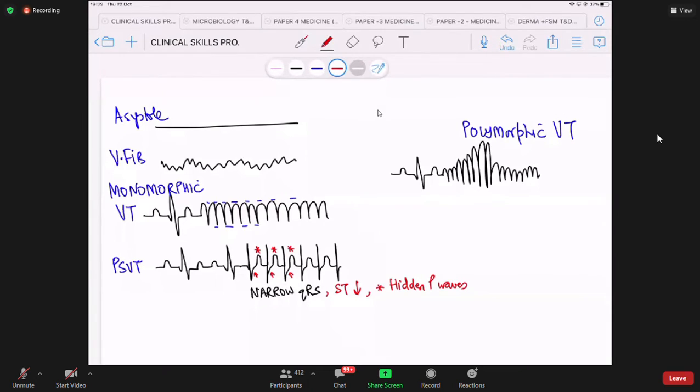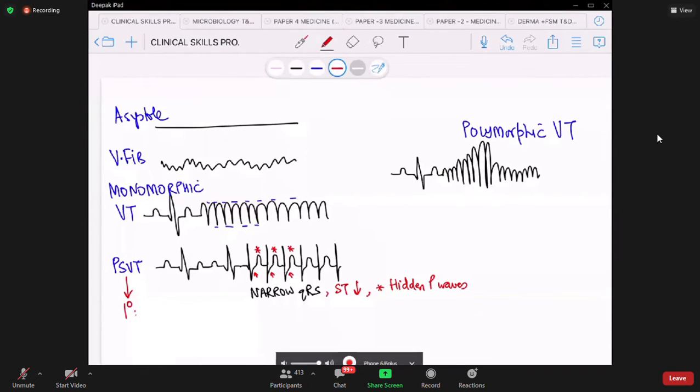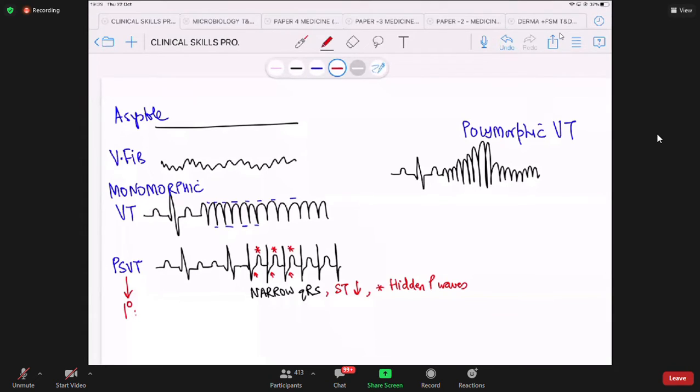Now, can you tell me the best drug for preventing PSVT? Yes, guys, I'm just switching to the chat. Yes, polymorphic VT, guys. Delta is WPW, we're not talking about that. What do we give for prevention? Adenosine for prevention. Come on, guys. Is adenosine for treatment or for prevention? Yes, Bharat got it right.